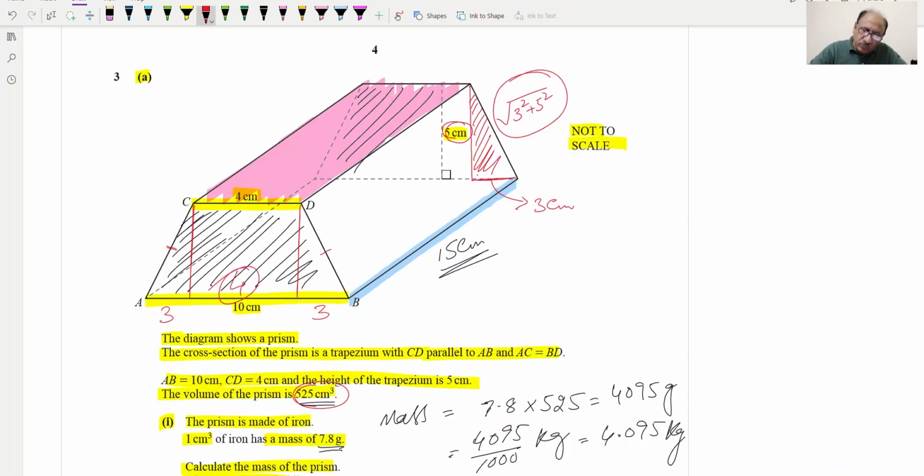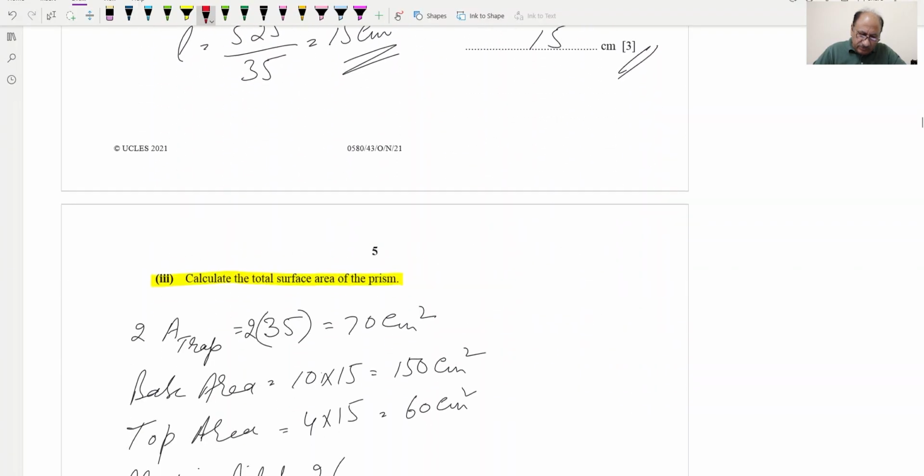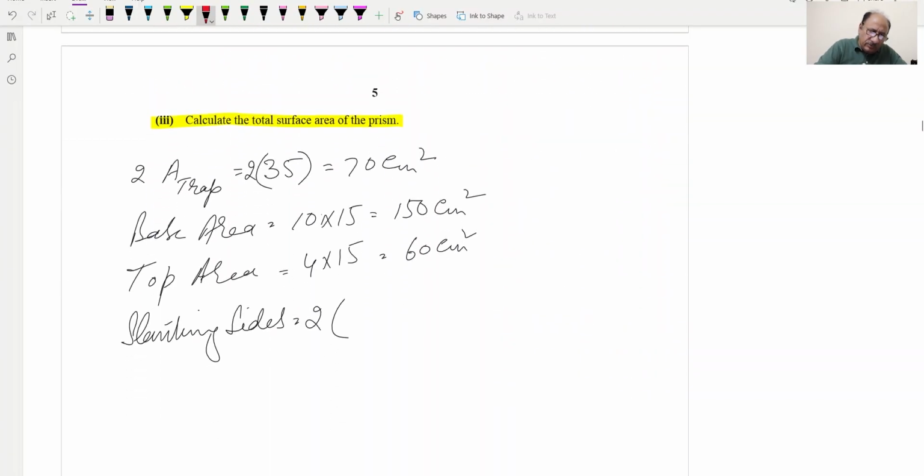This is 9 plus 25, which is root 34. So this will be the slanting height. Slanting height multiplied by 15 will be the side, so it will be 15 multiplied by root 34.